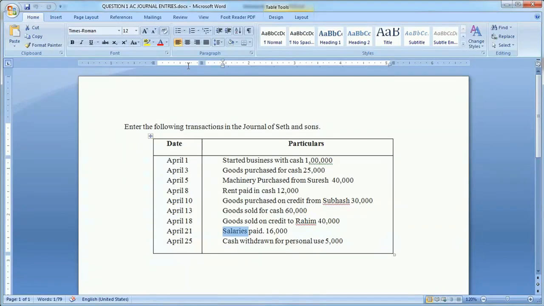Okay, so two accounts will be, one will be the drawing account and second will be the cash account. Now cash account is the real account which states that debit what comes in, credit what goes out. Since cash is going out of the business, we are withdrawing the cash from the business for our personal use. Cash account will be credited, and since cash account is being credited, naturally the drawings account, that is the cash which we are withdrawing for our personal use, will be debited.